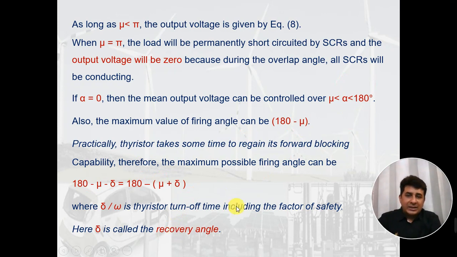Rather, we take the thyristor turn off time also into calculation, because the thyristor also takes some time to turn off. So the firing range becomes 180 minus mu minus delta. Now this small delta represents the turn off time and the factor of safety. So this is the maximum firing range that we can have for a single phase converter with source inductance Ls.